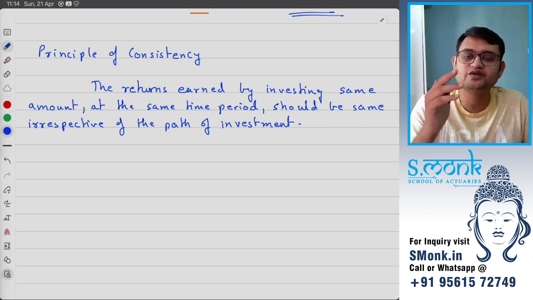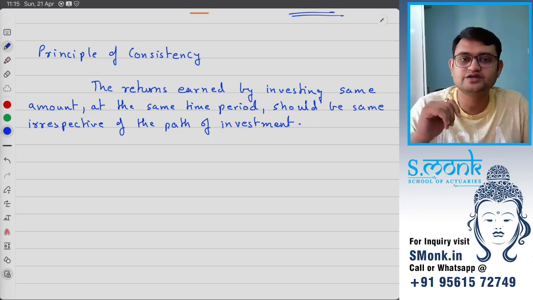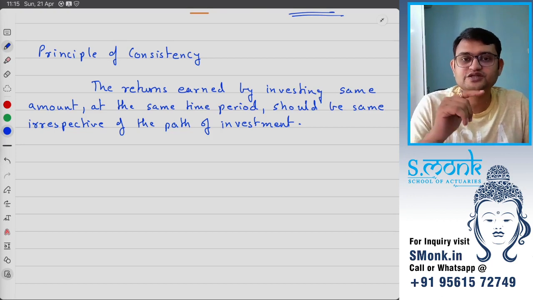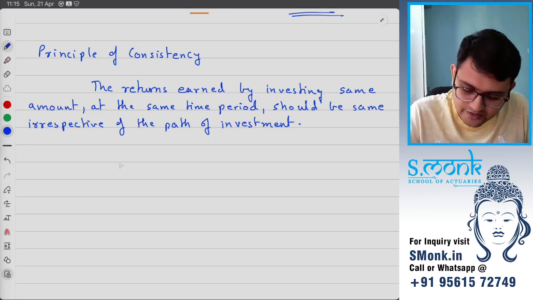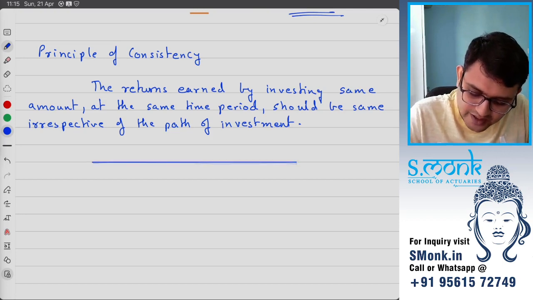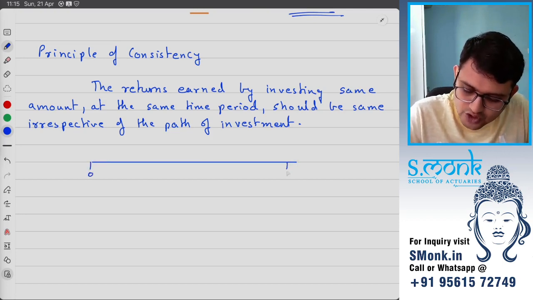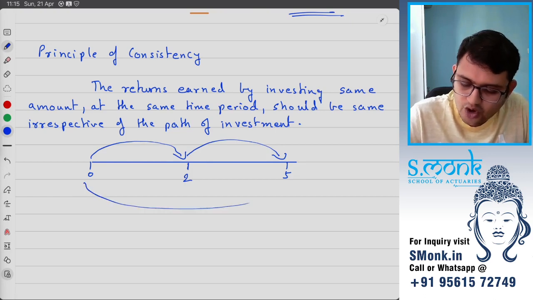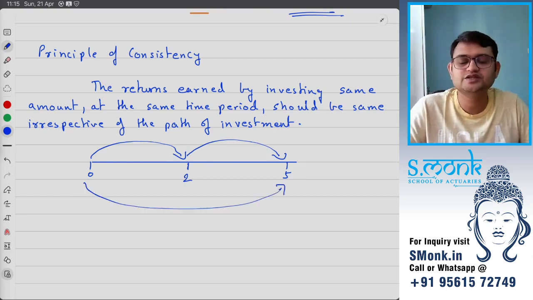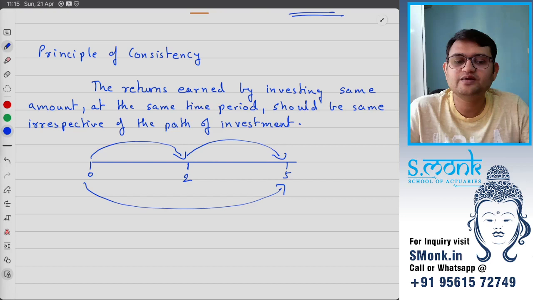That means whether I invest directly for 5 years, or whether I invest first for 2 years and then another 3 years. Whether I invest from time 0 to time 5 directly, or first for time 2 and then for another 3 years, we'll call these different paths.